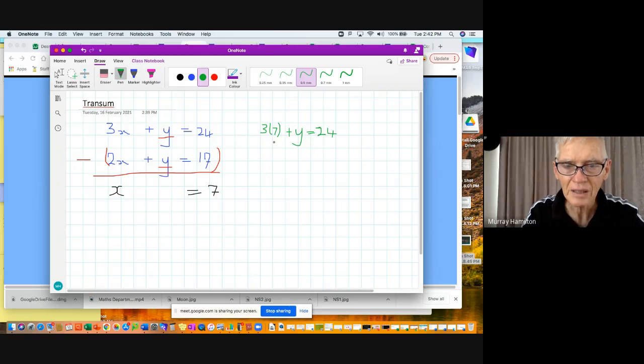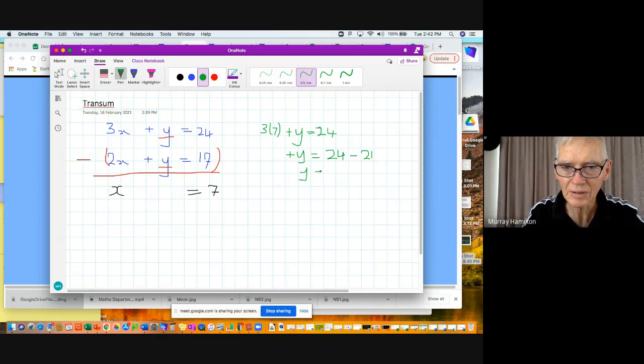So that means that 21 plus something equals 24. What we do is we can shift that 21 to the other side. At the moment, it is positive 21. So when I take it and shift it over here, it now becomes negative 21, so that we know that y equals 3.